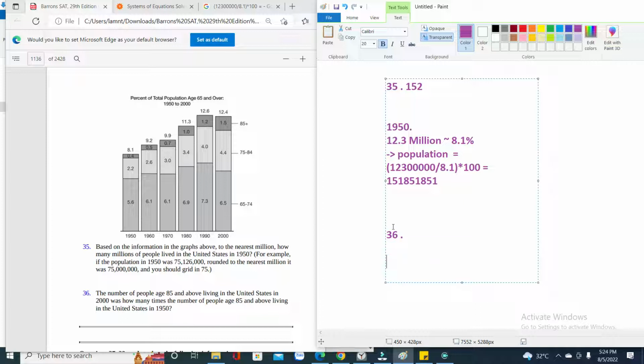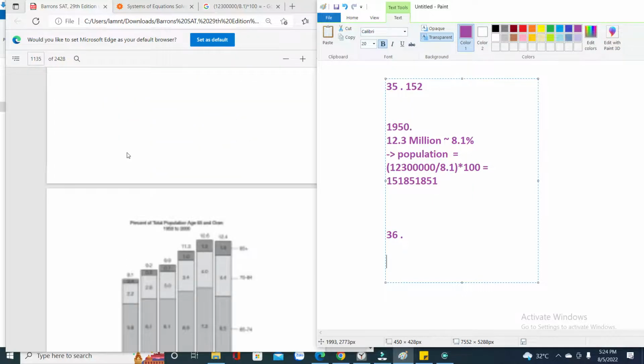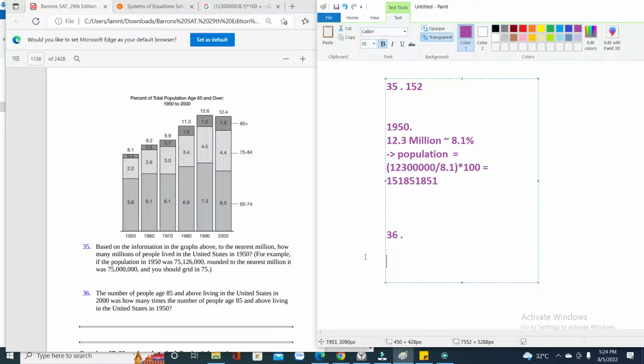So 85 plus in 1950 and 85 plus in 2000, right?